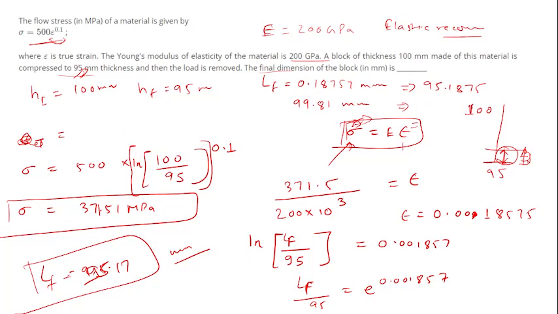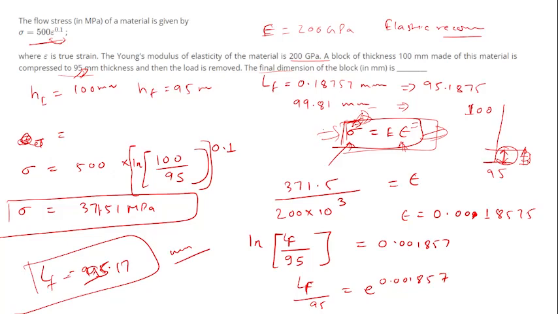So you have to use true here. In engineering, we take instantaneous values. The relationship will be the same for the elastic zone. If you want to use engineering, you will use engineering; if you want to use true, you will use true. You understood? You are asking why we are taking true in this formula, right?